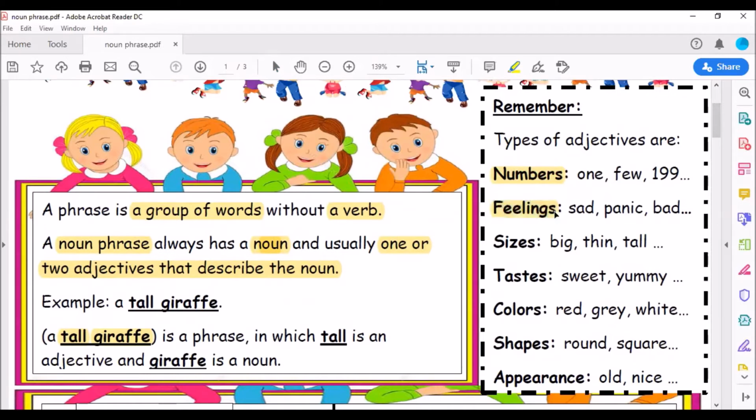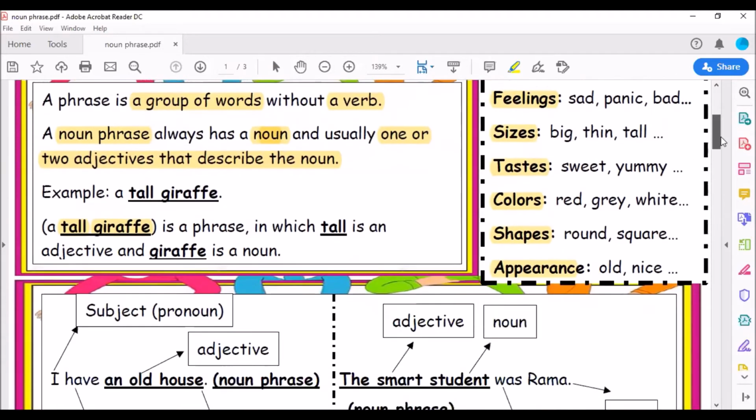Feelings: sad, panic, afraid, bad. Sizes like big, thin, tall. Tastes of food like sweet, like chocolate, yummy. Colors like red, gray, white. Shapes like round, square. Appearance like old, nice, beautiful, bad. Okay, this is it. Now let's move under.